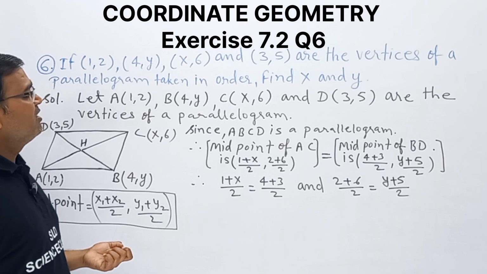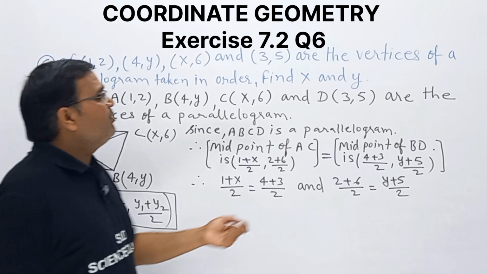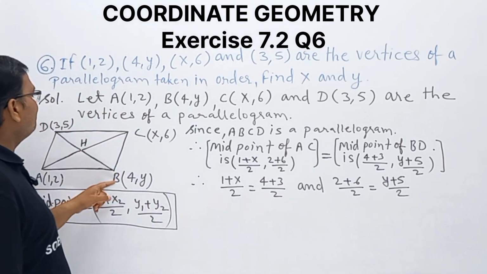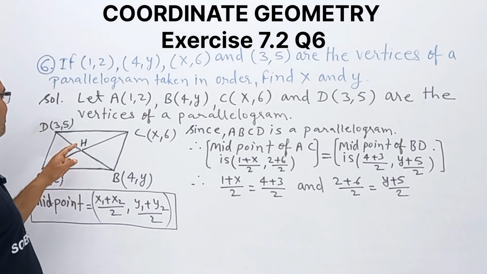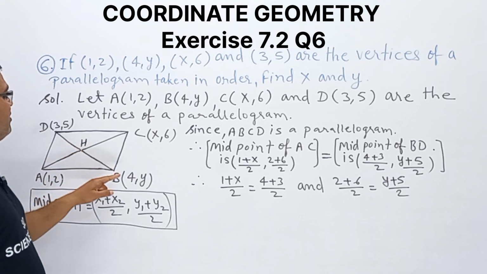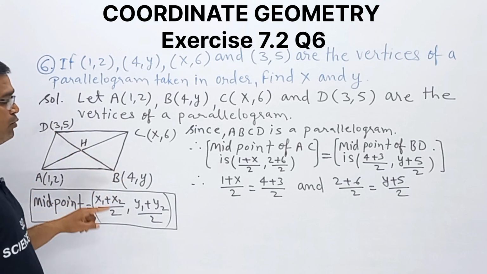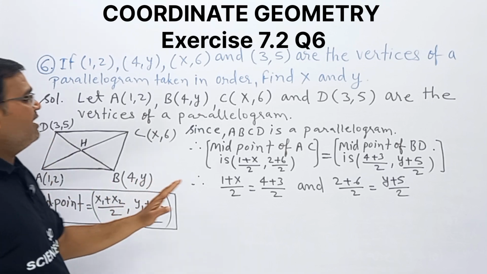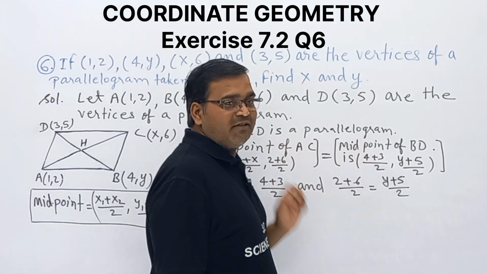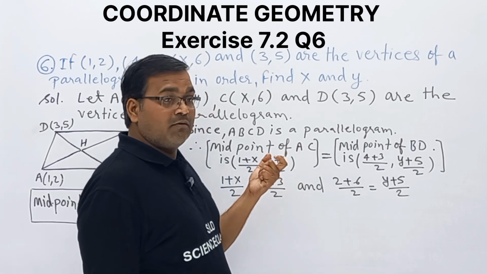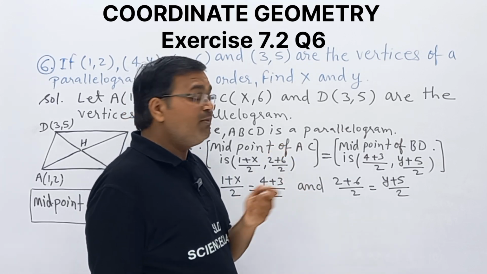Similarly, the midpoint of BD, where we have both points B and D, so the midpoint H coordinates will be ((4 plus 3) by 2, (y plus 5) by 2). Clear?